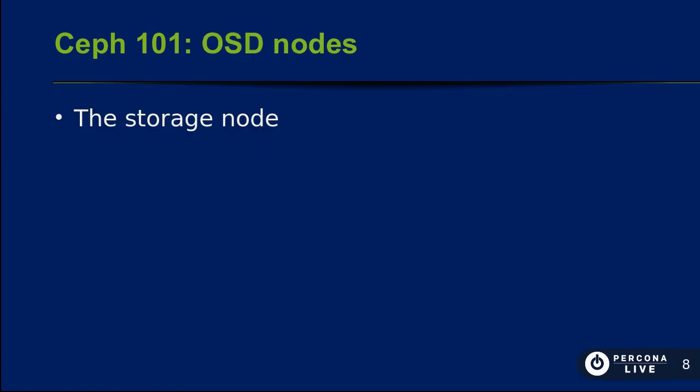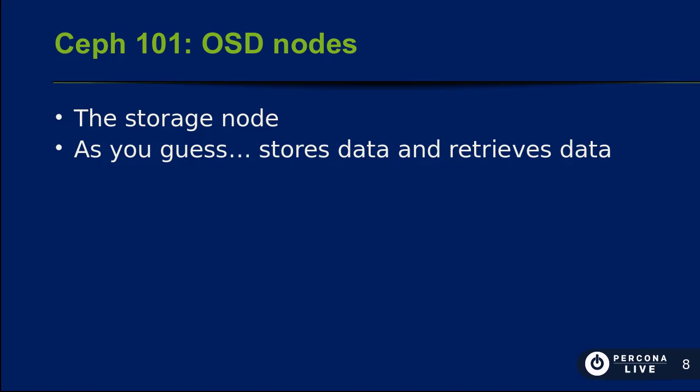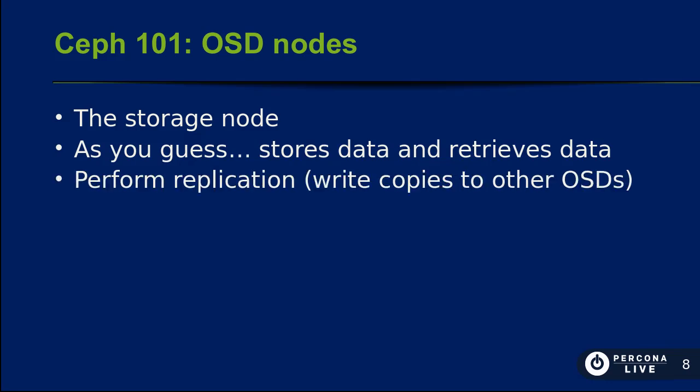So the OSD nodes, that's basically the storage nodes, the thing taking your data and storing it. It also performs replication. So when you define Ceph and define pools, I'll come back to that later, you define placement groups, which are kind of shards, and each OSD has a set of shards and connects to the other OSD that are part of the same placement groups and exchange data along that.